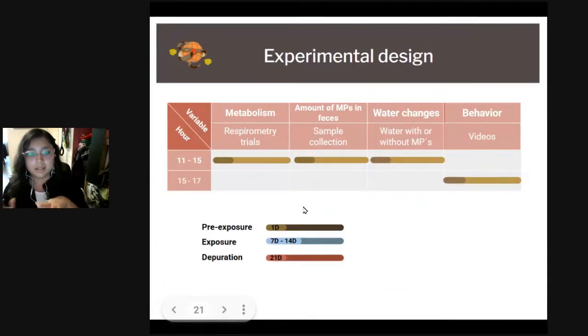We first took our fish out of their aquarium and put them into respirometry systems. Then we made the sample collection of the feces and the water change. Then we put the fish back into the aquariums. Finally, we made videos to evaluate their behavior.